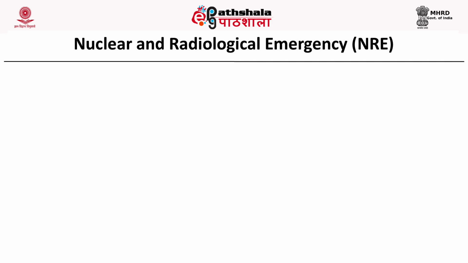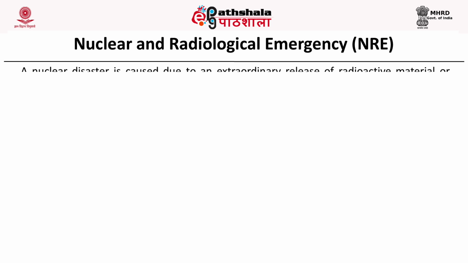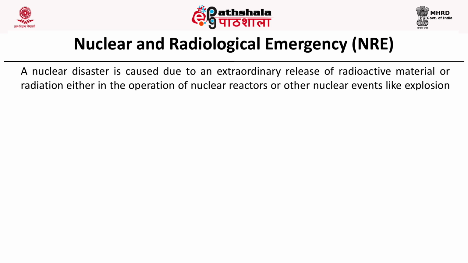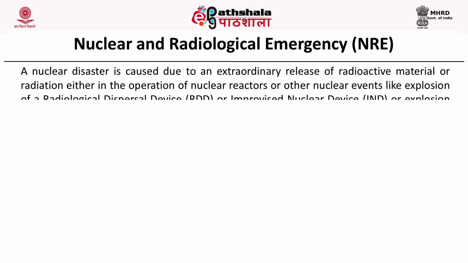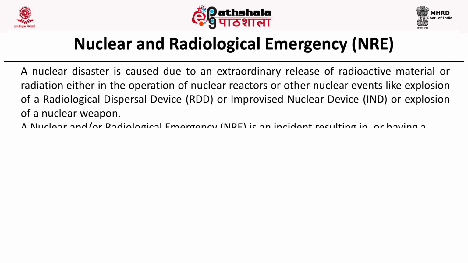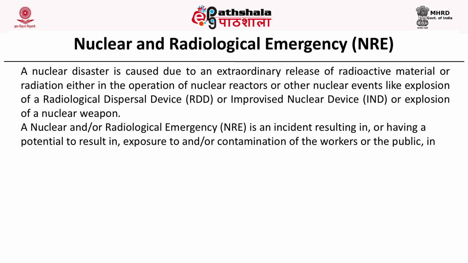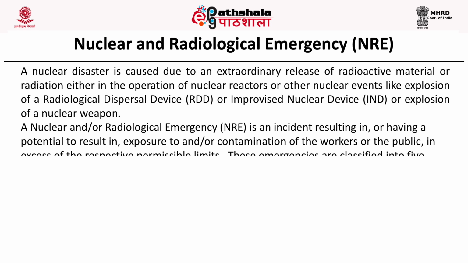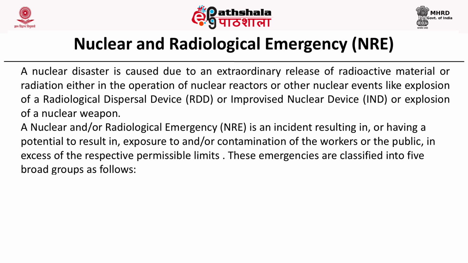The next important category is of nuclear and radiological emergency. A nuclear disaster is caused due to an extraordinary release of radioactive material or radiation either in the operation of nuclear reactors or other nuclear events like explosion of a radiological dispersal device or improvised nuclear device or the explosion of a nuclear weapon.